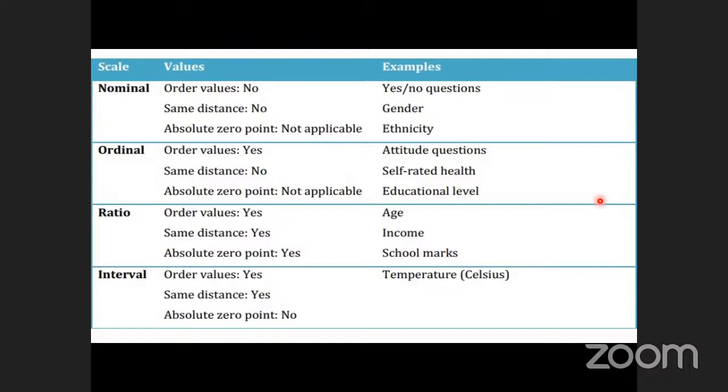But if we say there's an order and the distance between one and the other can easily be factored out, then we can classify that as what? It is either ratio or interval data.